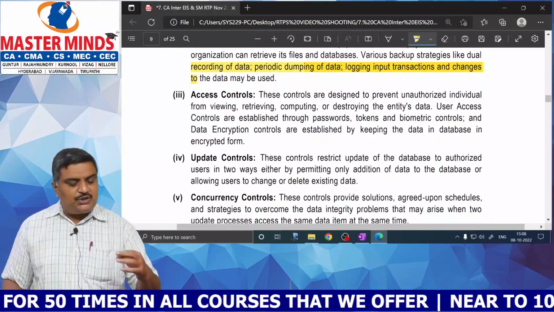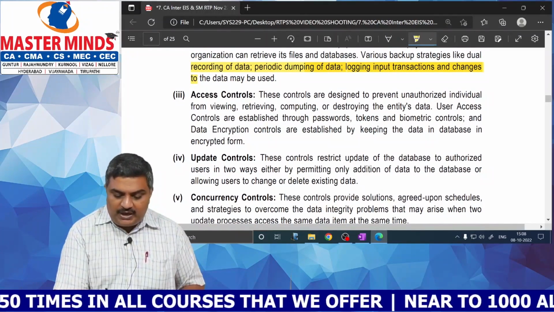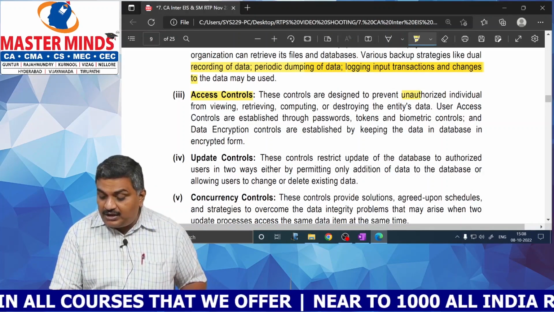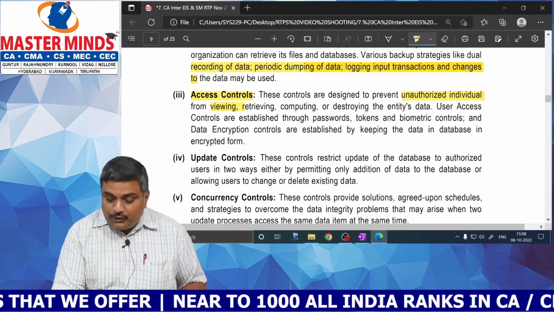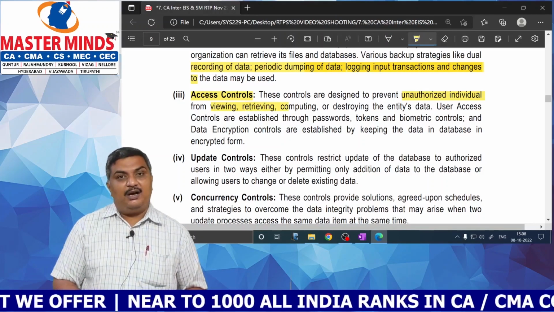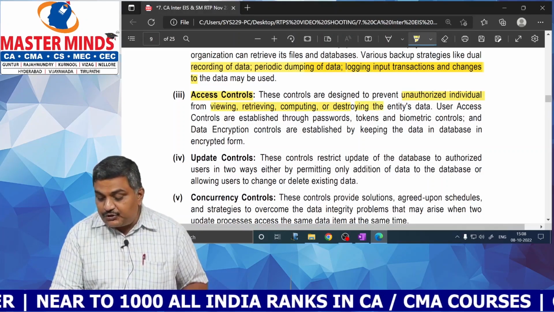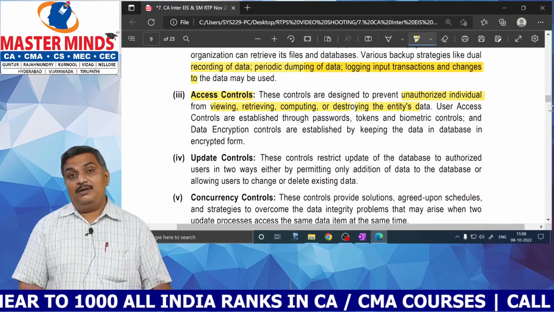Now the most important data resource management control is access control. You should not allow any unauthorized person to view your data, to retrieve your data, or to make any calculations on your data, or to destroy your data. So what do you have to do?